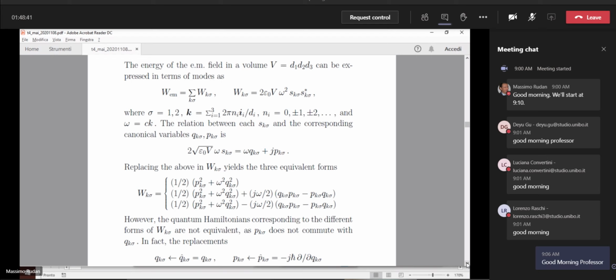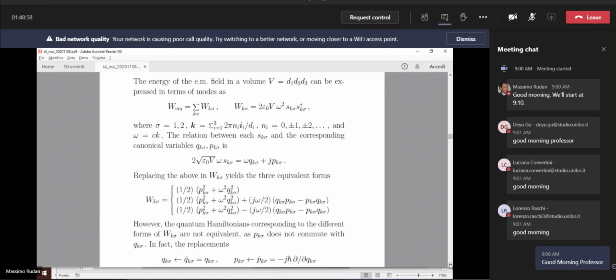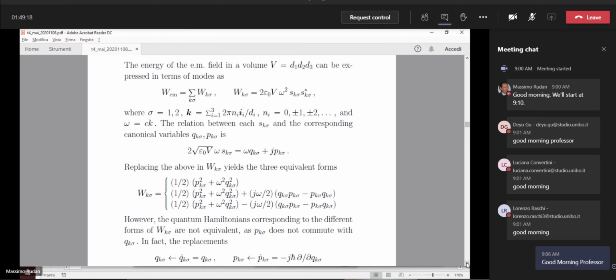We simply express suitably the quantity S by imposing that S times 2 times the square root of epsilon 0 V times omega is equal to omega Q plus JP, in which omega Q is obviously the real part of the complex quantity that is on the left, and P is the coefficient of the imaginary part.